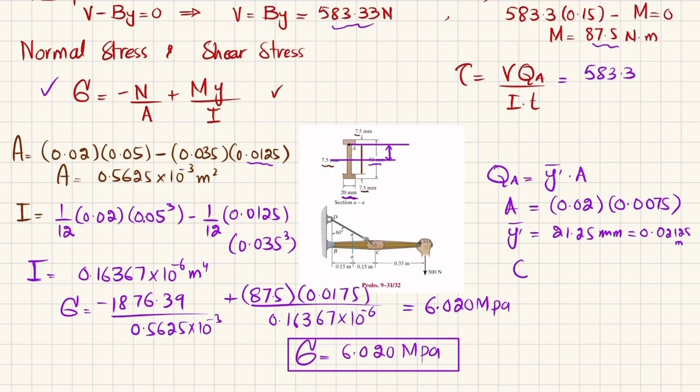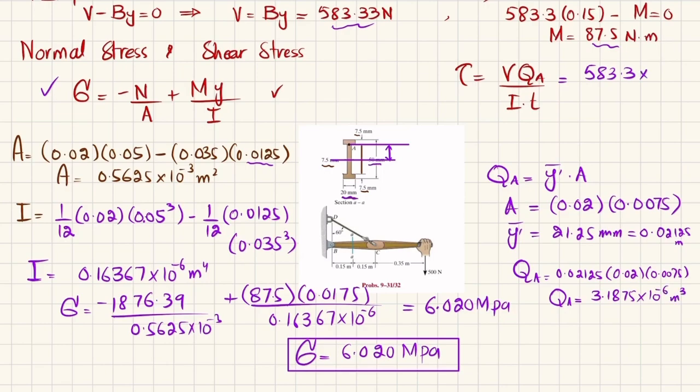Now you have both the values. So just put it in above. Q_A will become equal to y dash, which is 0.02125, multiplied by area, which is 0.02 into 0.0075, and you will get this Q_A will be equal to 3.1875 into 10 raised to the power minus 6 cubic meter.